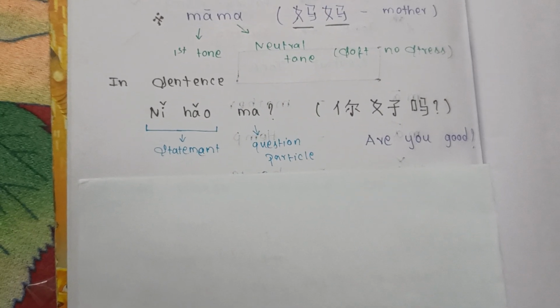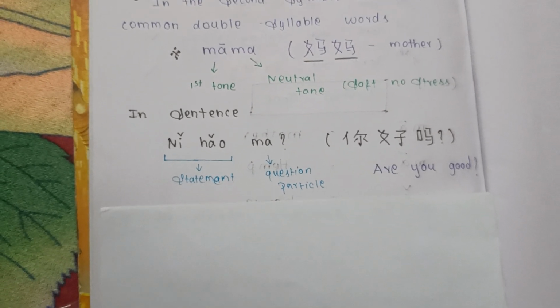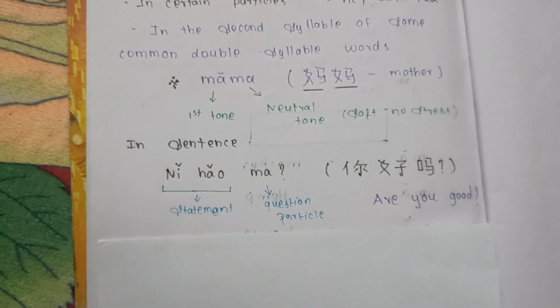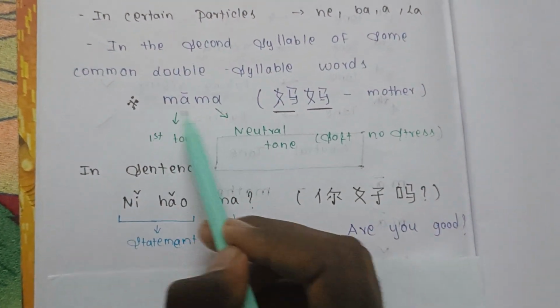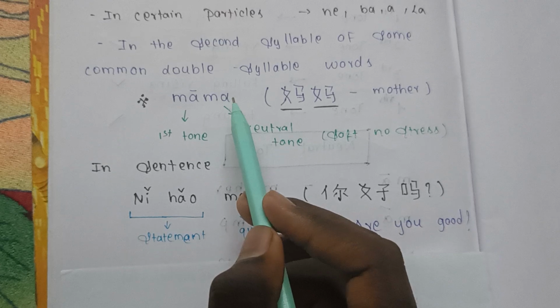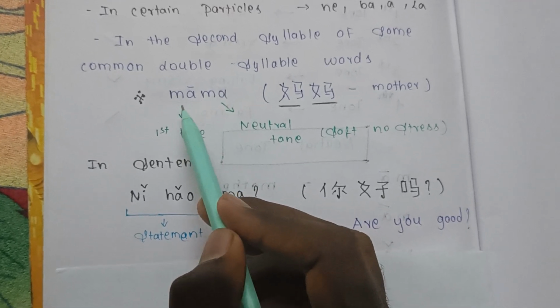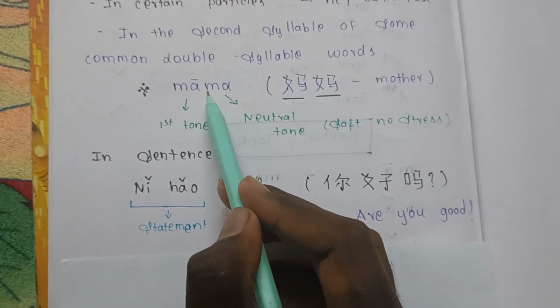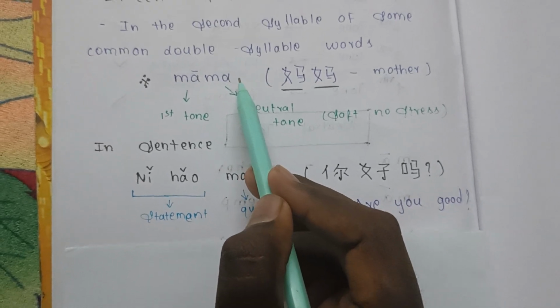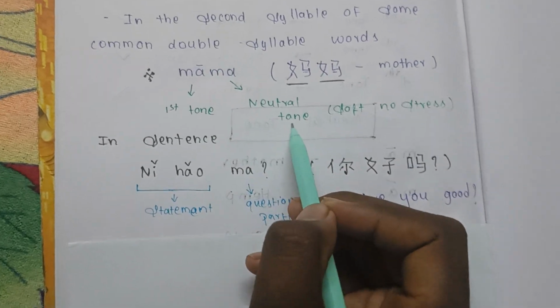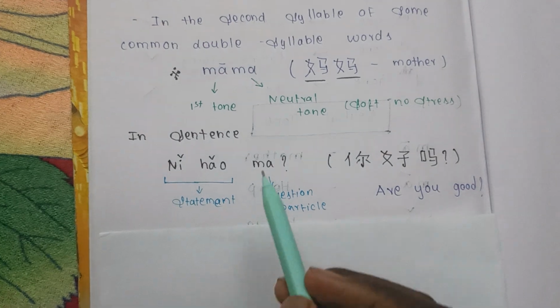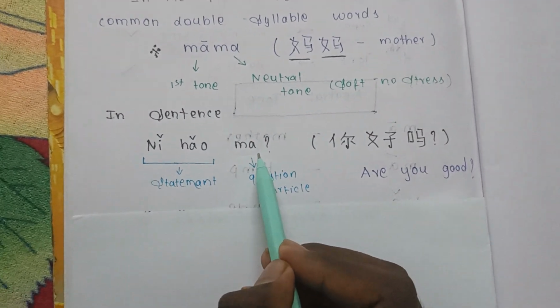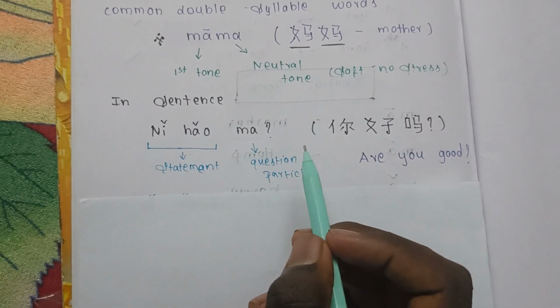Now we're going to see where the neutral tone is used. Before, we have seen these tones, but when we combine the first tone, second tone, third tone, fourth tone, the second syllable will automatically behave as a neutral tone. But in this example, this ma will be pronounced as the neutral tone only.